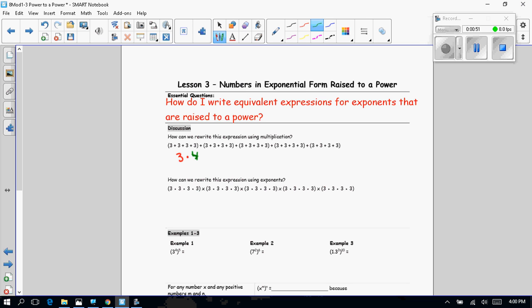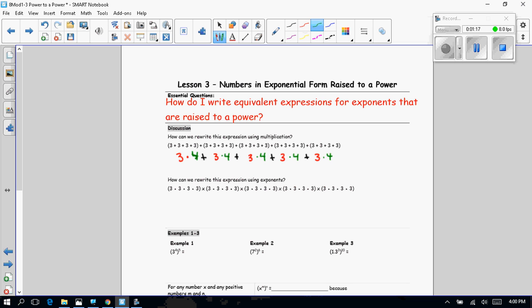Plus, this next group is 3 written 4 times. Plus another 3 written 4 times, and one more, 3 written 4 times.